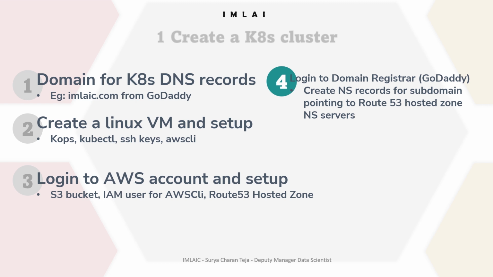The Route 53 hosted zone NS servers should be connected with the NS records of the subdomain so that the EC2 instances which are part of AWS can be put into the subdomain of GoDaddy, so that we can access these EC2 instances through the domain names using name servers.